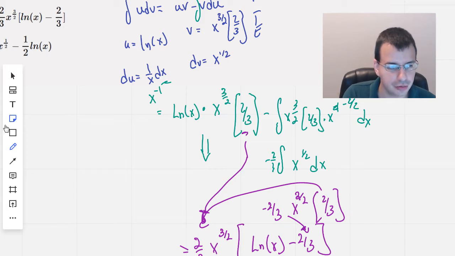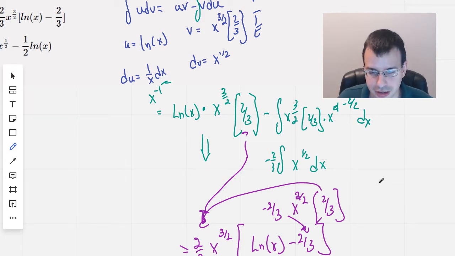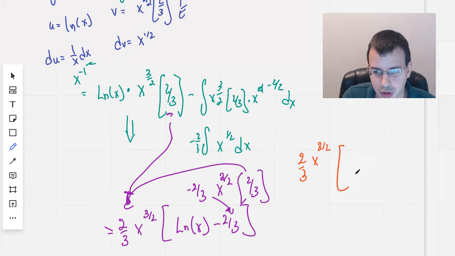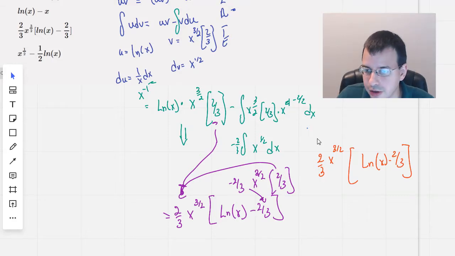Okay, I should rewrite it once. We'll do it in orange though, because my heart's just not into it. So we have 2/3 x to the 3/2 times a quantity, natural log of x minus 2/3, which is really kind of 2/3 squared.